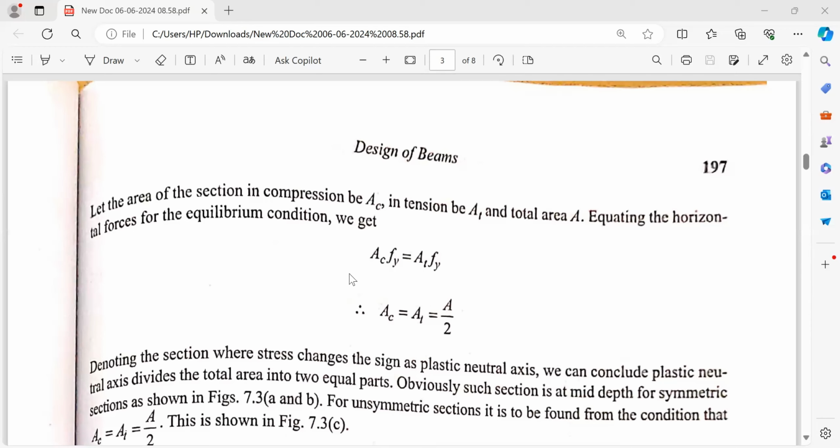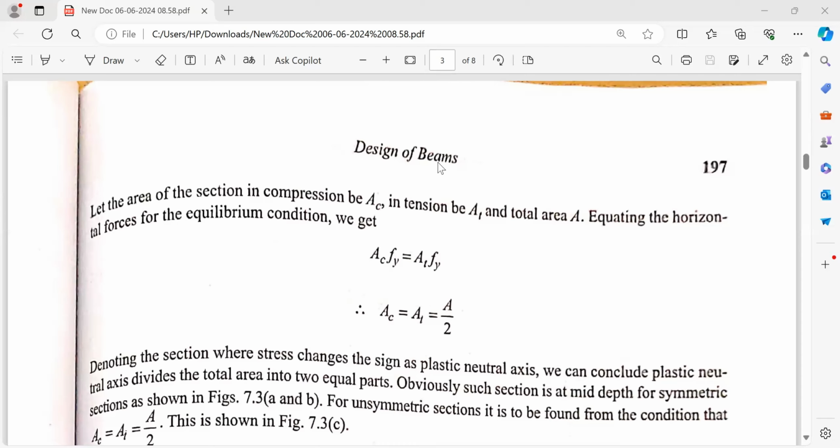So if it is in equilibrium, then force of compression equals force of tension. Force of compression is area into stress. So the compression area above the neutral axis into stress. The entire section above the neutral axis has got Fy, and the force below the neutral axis is the tension.